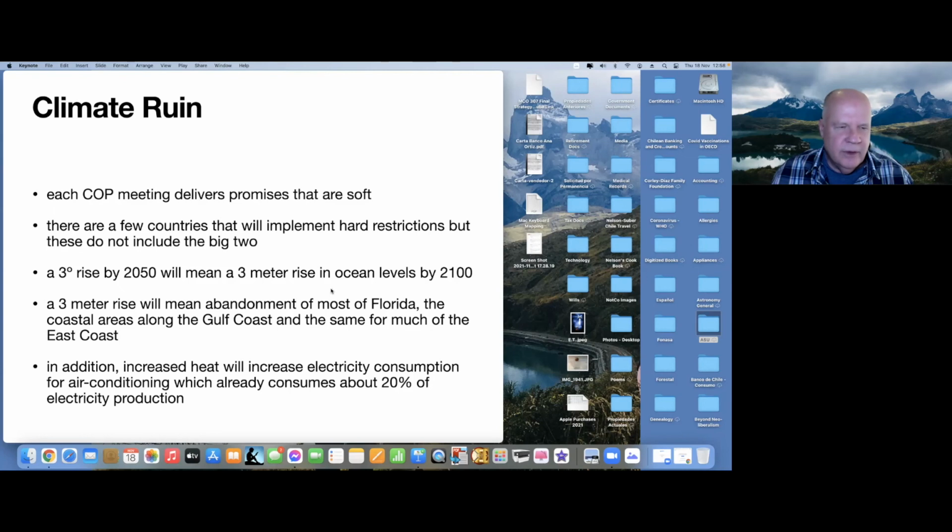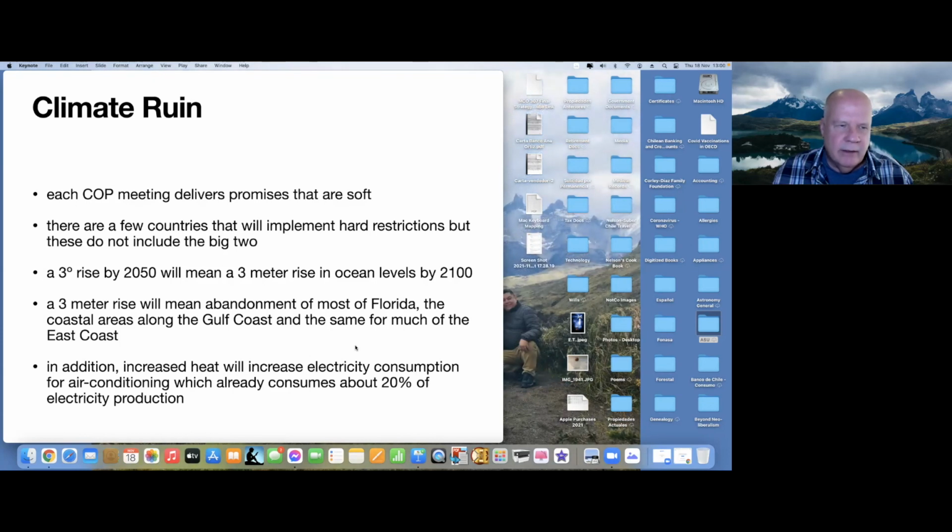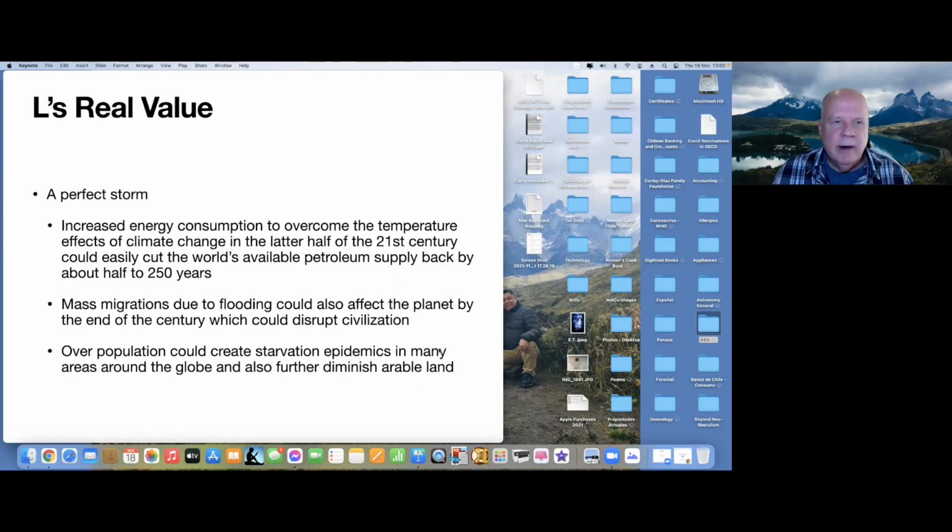In addition, for those that are left, or those that are able to get to it, increased heat, 3 degrees, is going to mean it's hotter everywhere, which will increase electricity consumption for air conditioning, which already consumes, as we know from materials that we've seen in the last few weeks, about 20% of electricity production. So if it gets hotter and hotter, 3 more degrees than it is today on average, that 20% could go up very high.